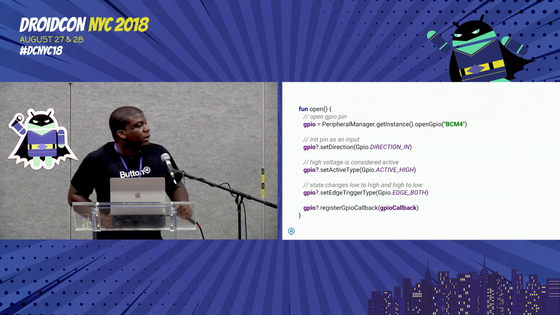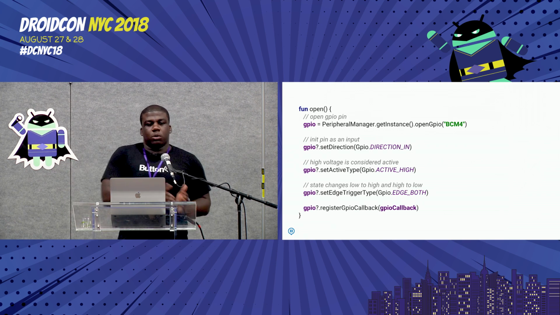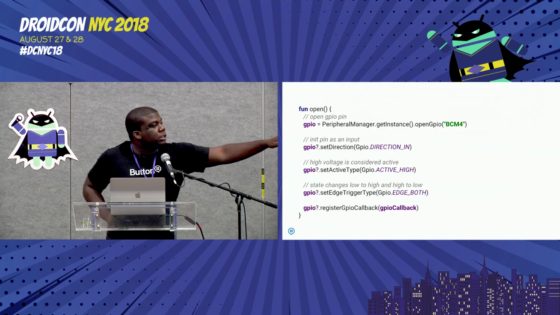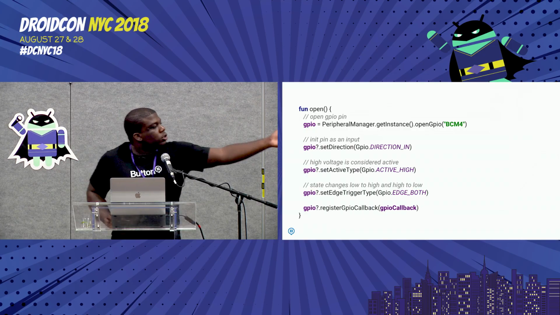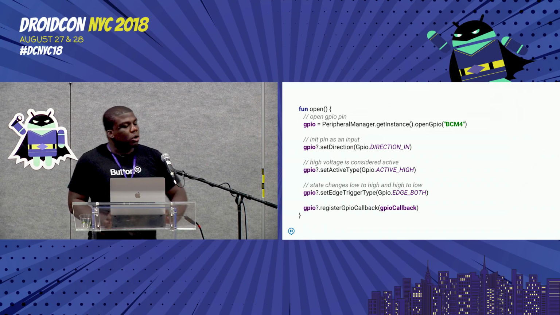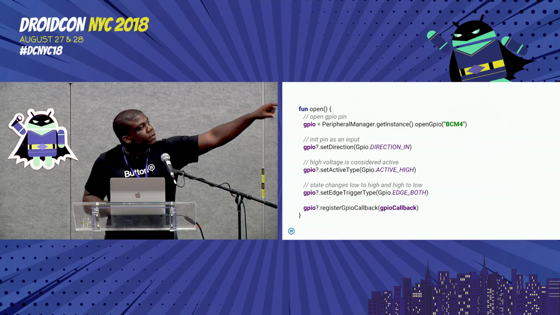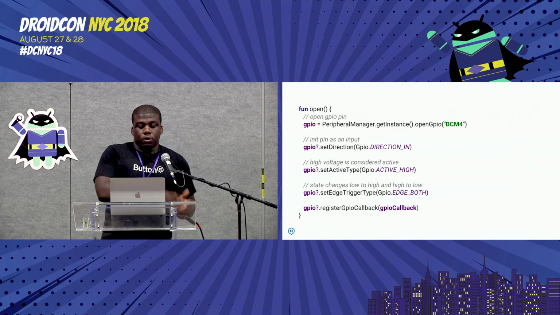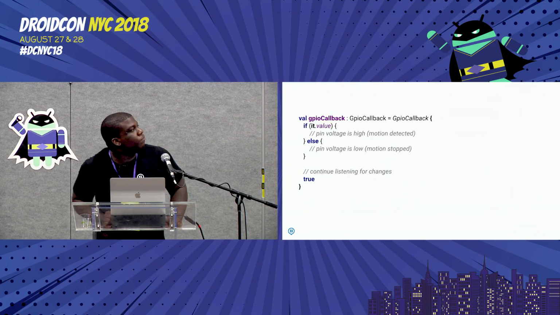And you also have to set the trigger type. You can set the trigger type for when it goes from low to high, or when it goes from high to low. In this case, I'm looking at both. And of course, you have to register your GPIO callback. So whenever the voltage changes on that specific BCM4 pin, from low to high or high to low, it'll run this code right here.